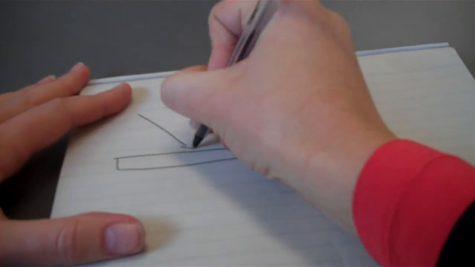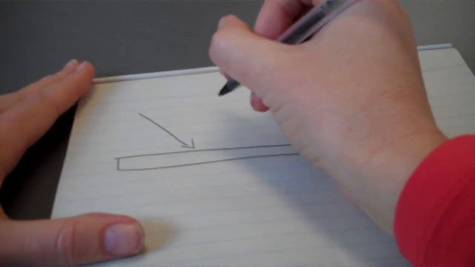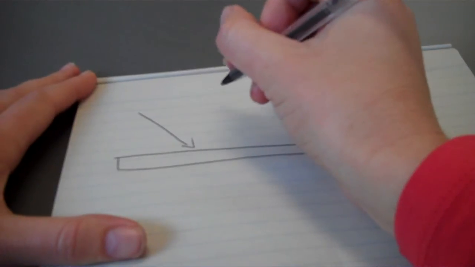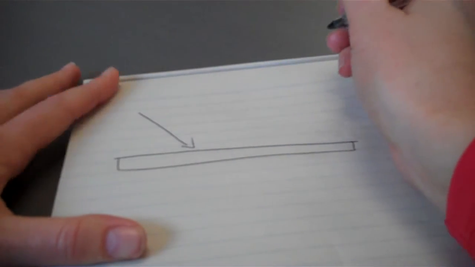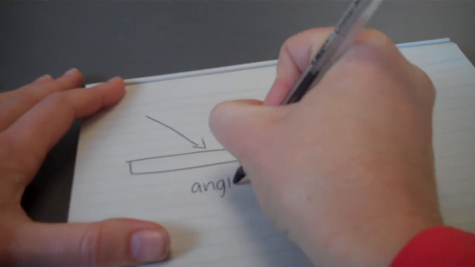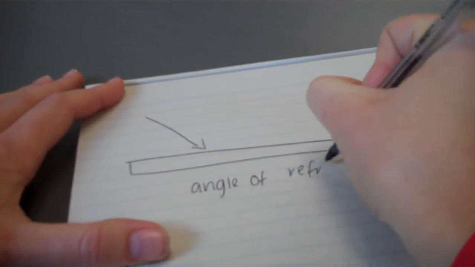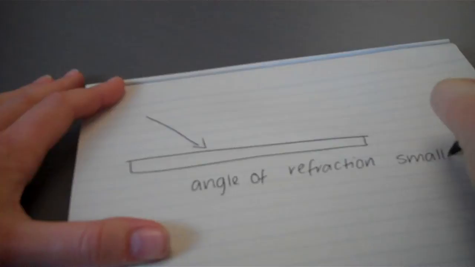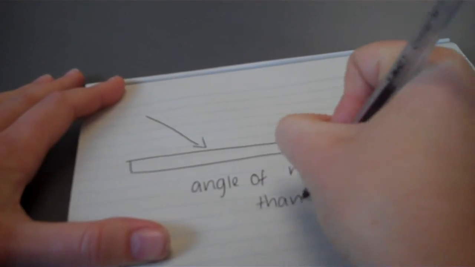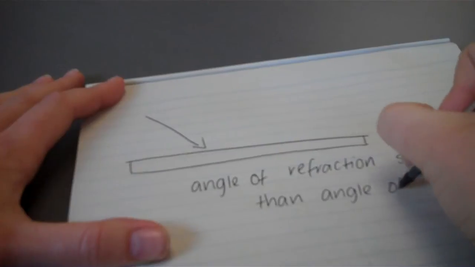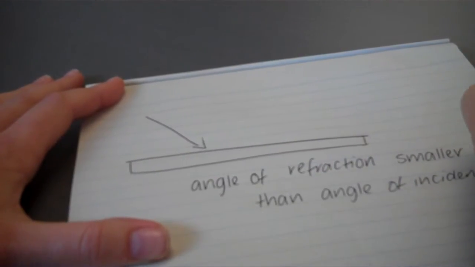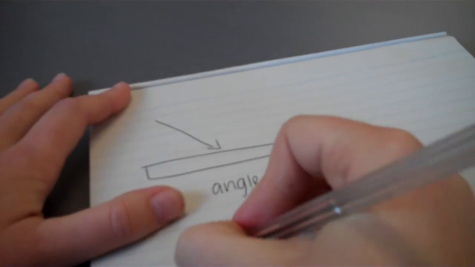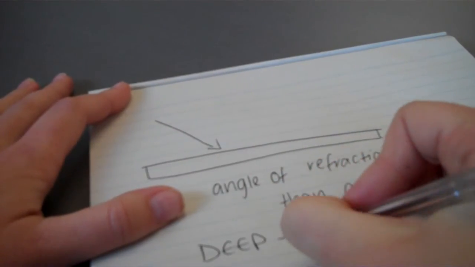We've still got our angle of incidence hitting our wall here, except it actually does change just a little bit when going from deep to shallow water. The angle of refraction is smaller than the angle of incidence. That's when you're going from deep to shallow.